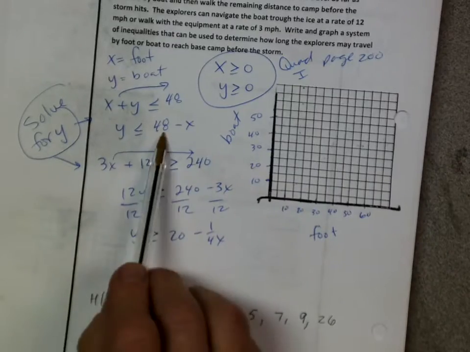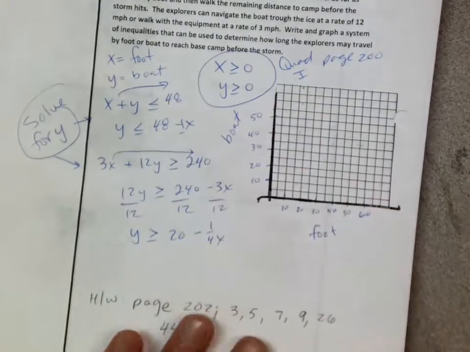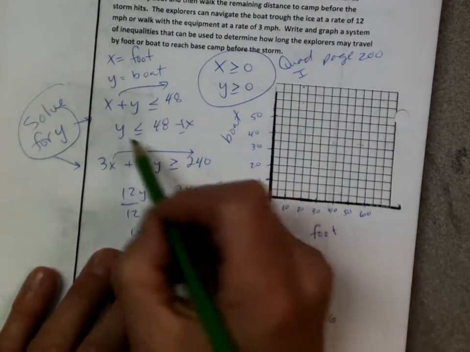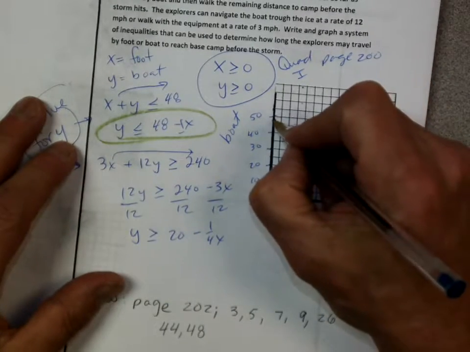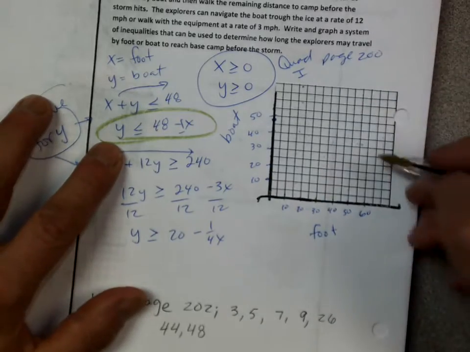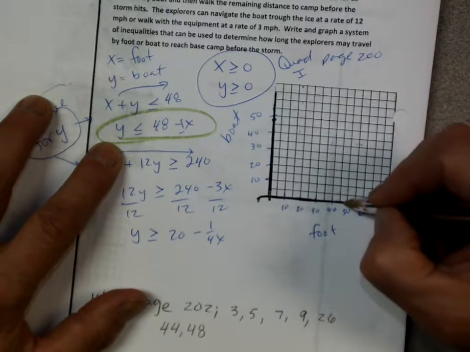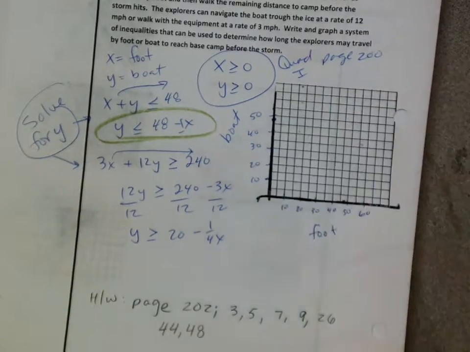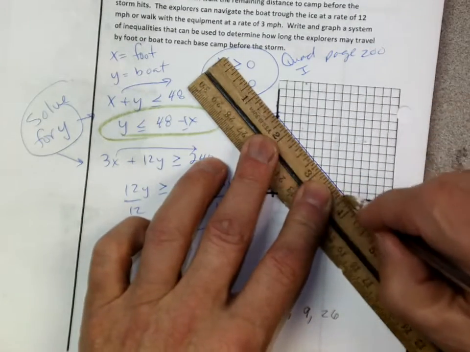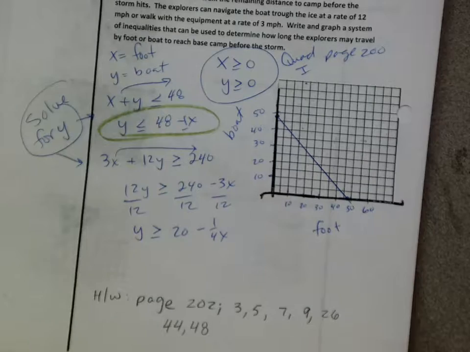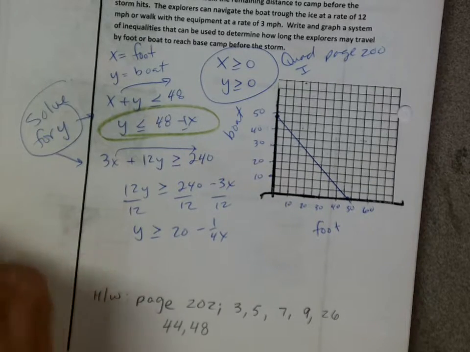Now, start at 48, right? So I'm going to go up to 48. Let's graph this one in green. How's that sound? So let's start at 48. 48's about there. And I'll go down 1 over 1, down 1 over 1, down 1 over 1, down 1 over 1. Okay, so it winds up intersecting at 48. Okay, and I'm going to shade that one in green.